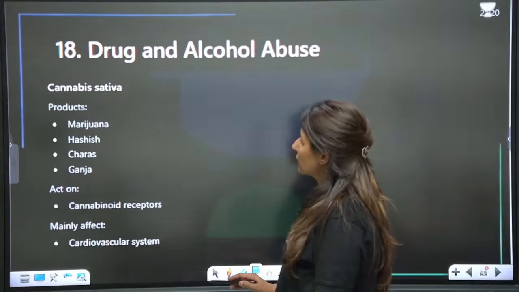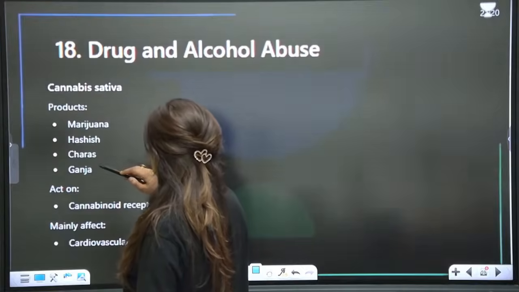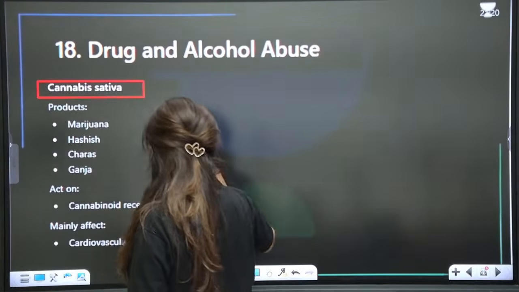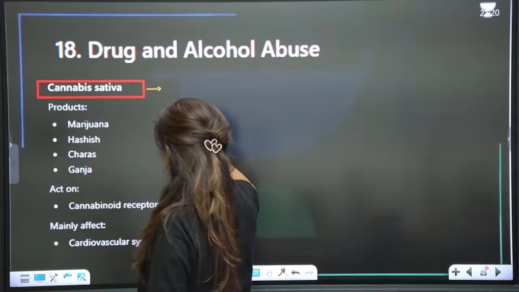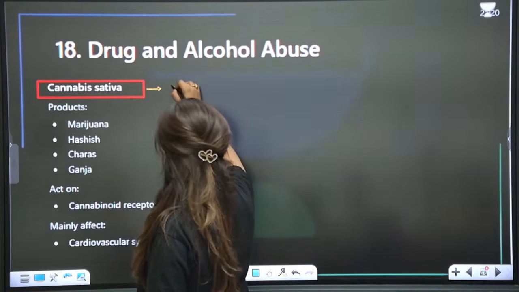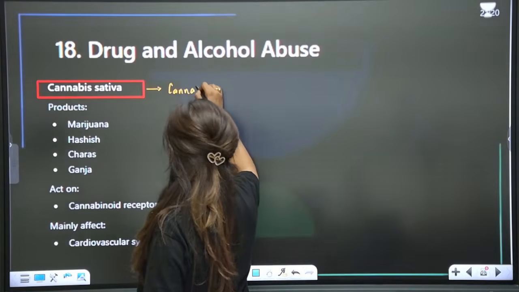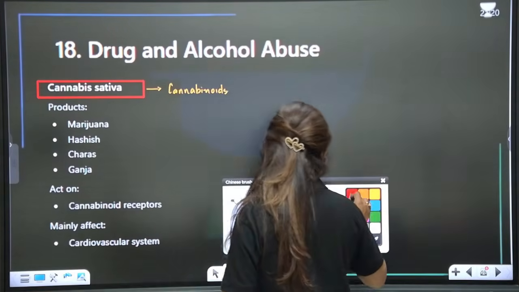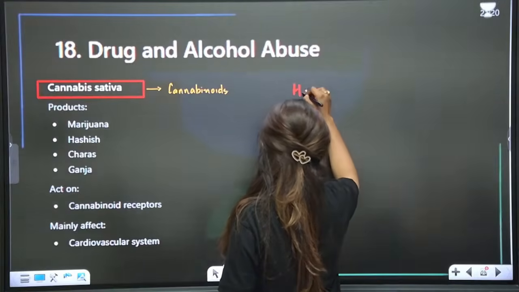Now last part of this chapter, we have drugs. The first drug we are going to talk about is cannabis sativa. Now cannabis sativa is the source of cannabinoids, and all these cannabinoids are hallucinogens.